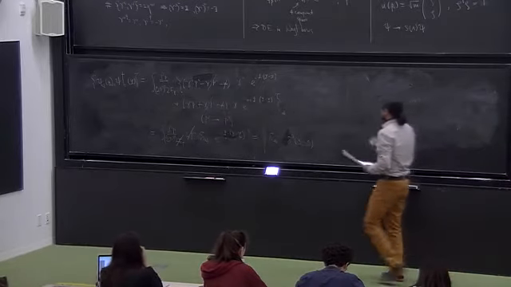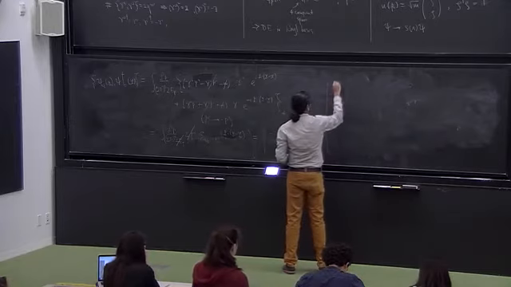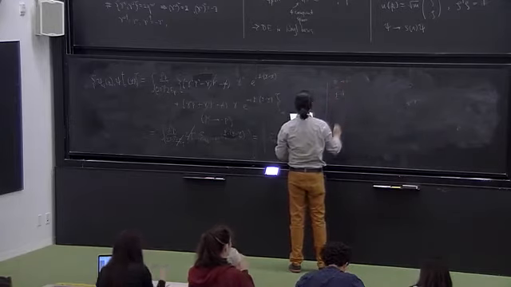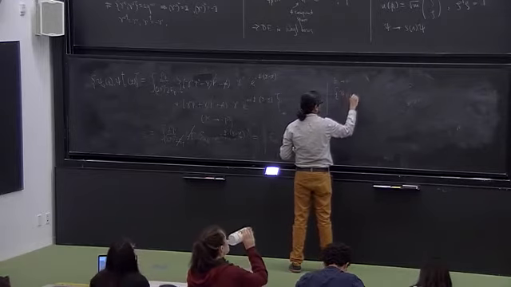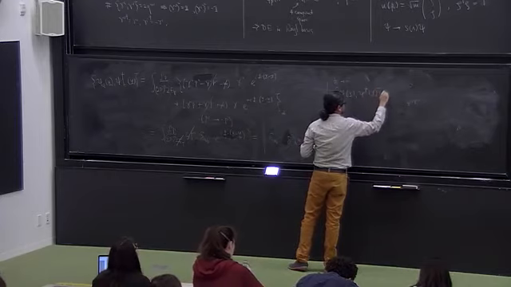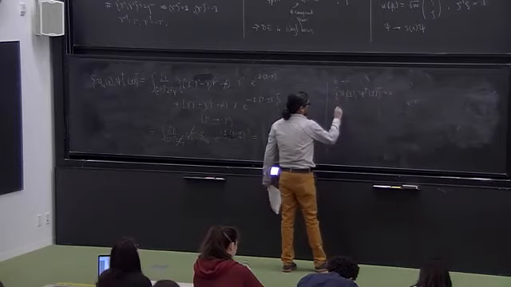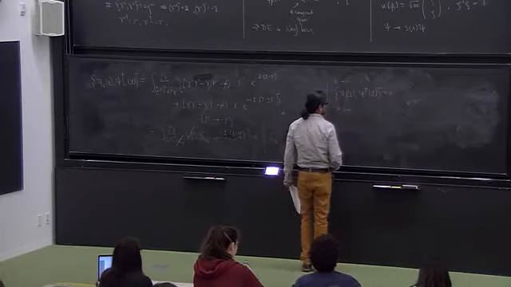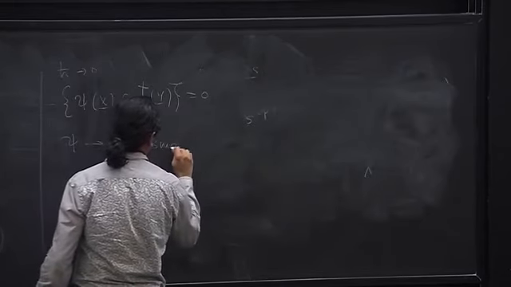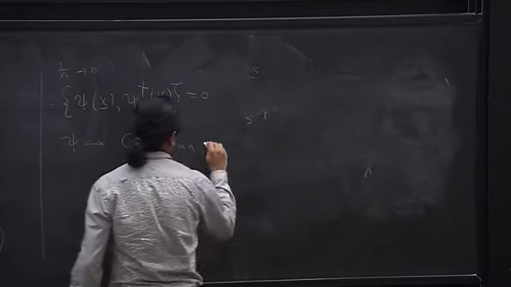Now, in the classical limit, we take h bar to 0. Then our anti-commutation relationship, which was non-trivial, becomes this. And that's what, in the classical limit, this should be a Grassmann variable.